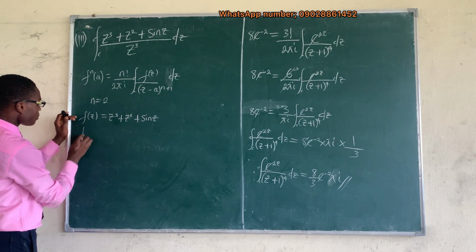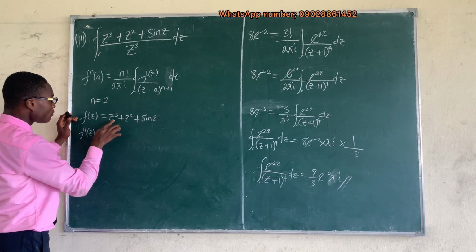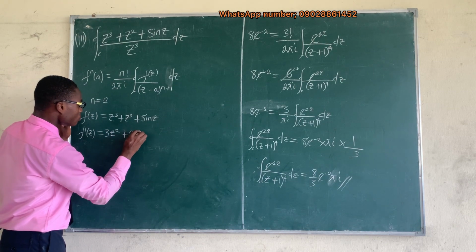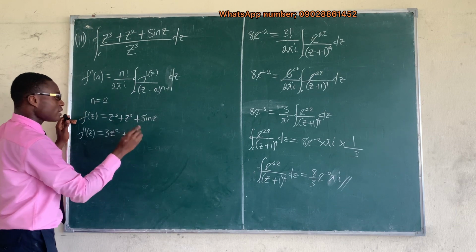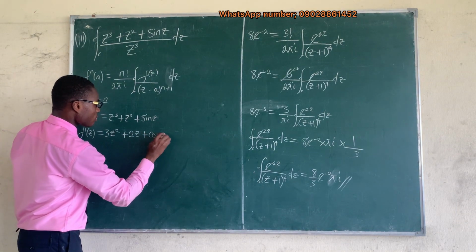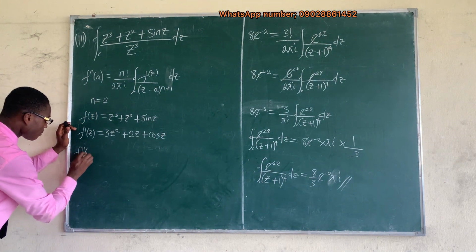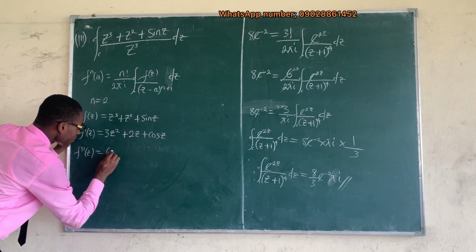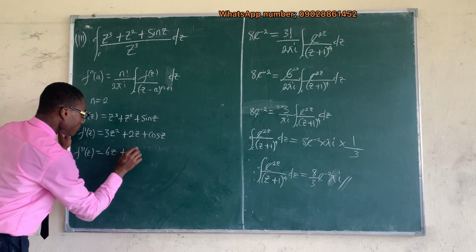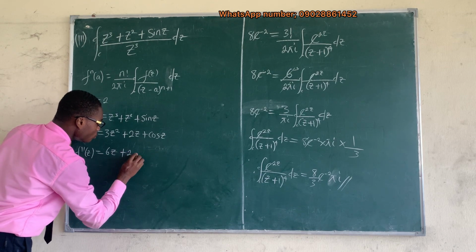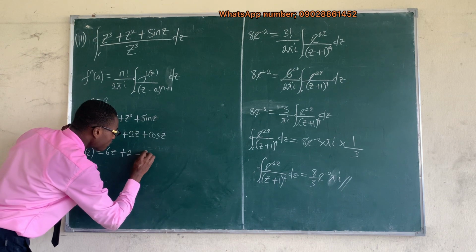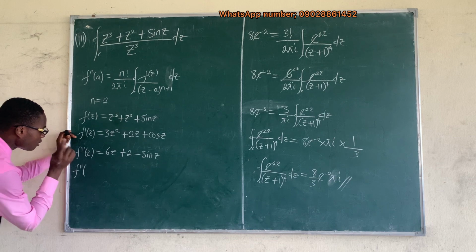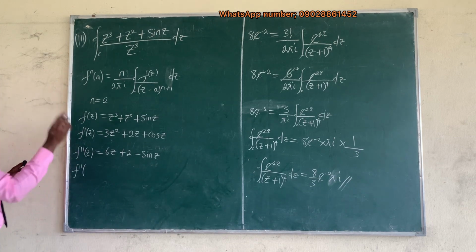So let's differentiate this. We have f prime of z will be equal to, if you differentiate z cubed, you have 3z squared plus 2z. If you differentiate sine z, you have cos z. Also, f double prime of z, differentiate 3z squared, you have 6z plus, if you differentiate 2z, you have 2. Differentiate cos z, you have minus sine z. So f double prime of a, what is a?